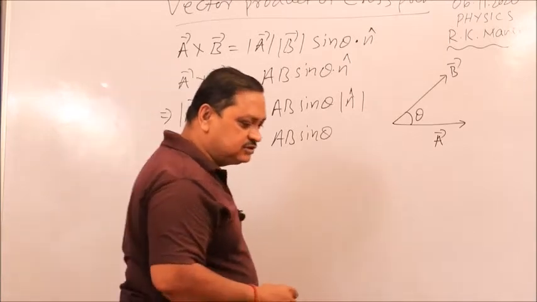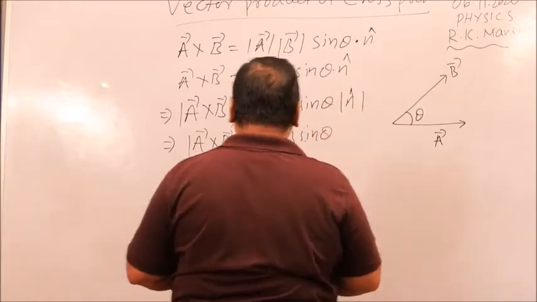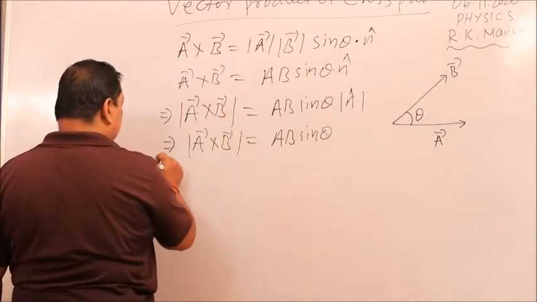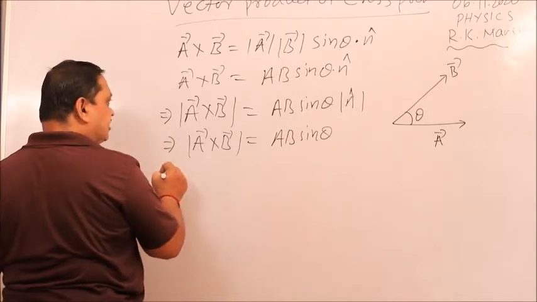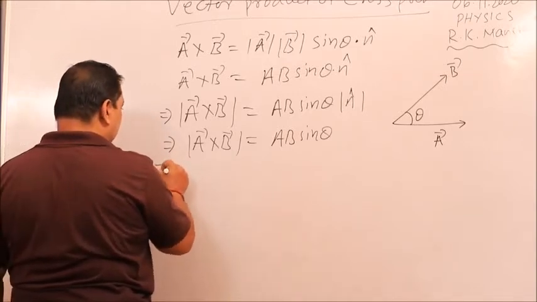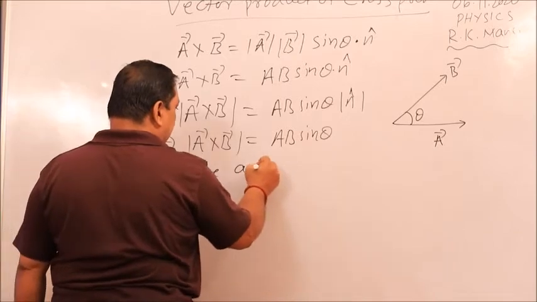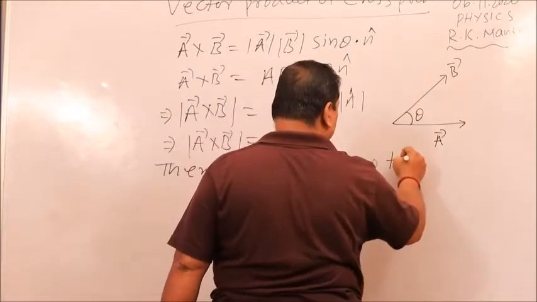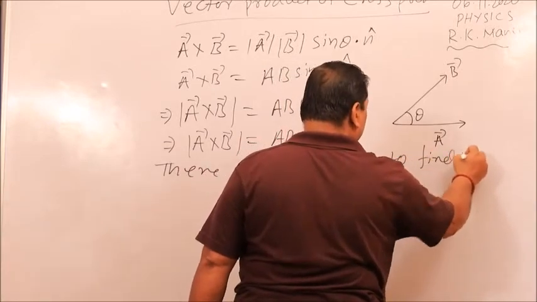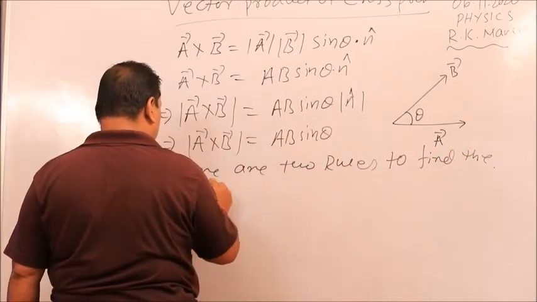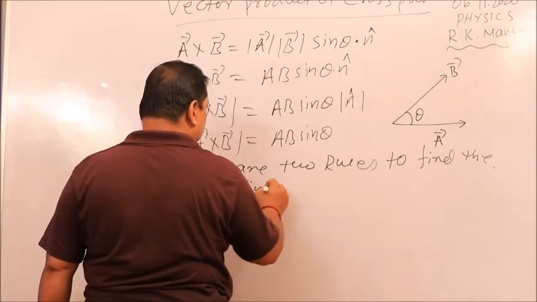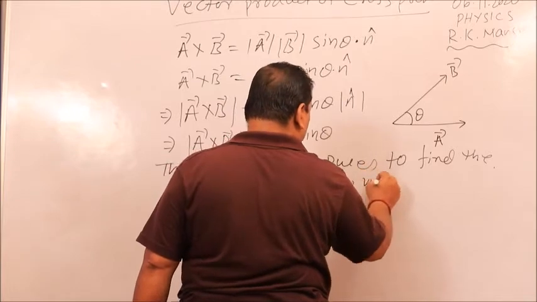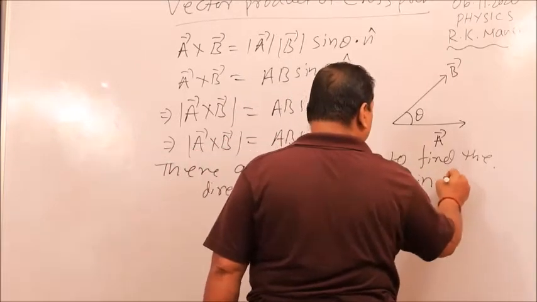So there are two rules to find out the direction of the new vector in cross product.